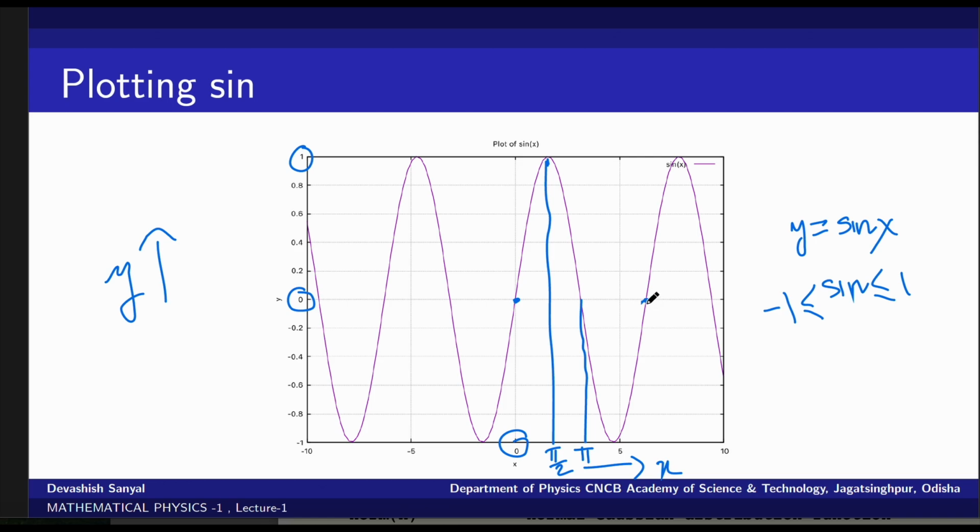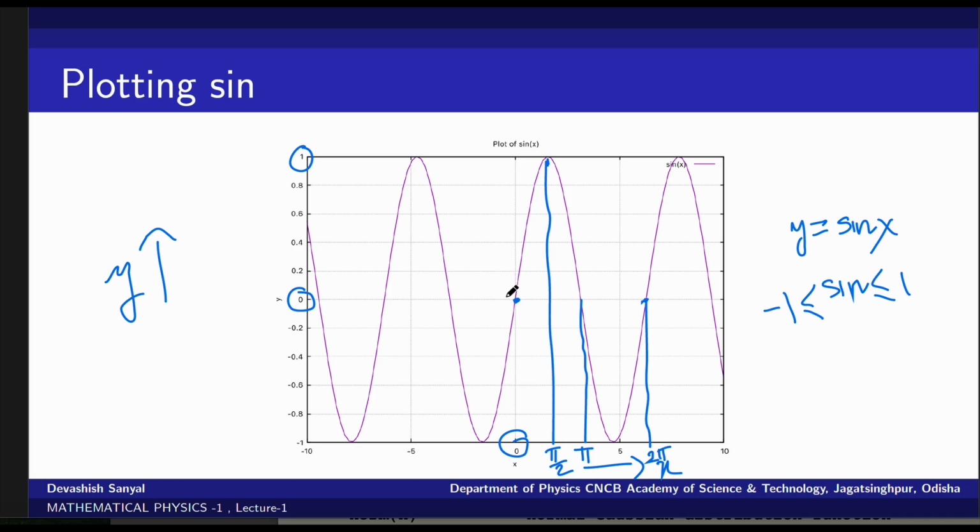So this coordinate is 2 pi. Sin 0 is 0, sin pi is again 0, and sin 2 pi is 0.